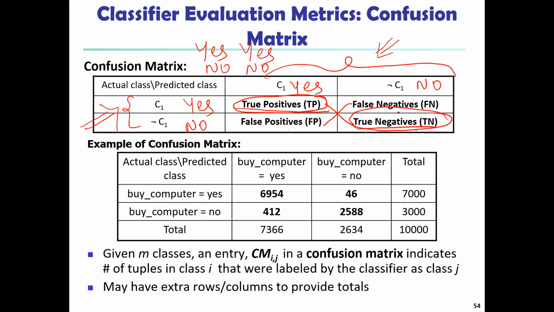That means when actual class and predicted class are the same, we call them true predictions. If the actual class is yes and the predicted class is no, then it is false negative. If the actual class is no and the predicted class is yes, then it is false positive. That means if the actual class and predicted class are different, those are all false predictions.